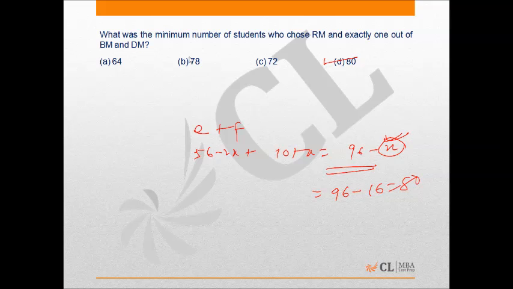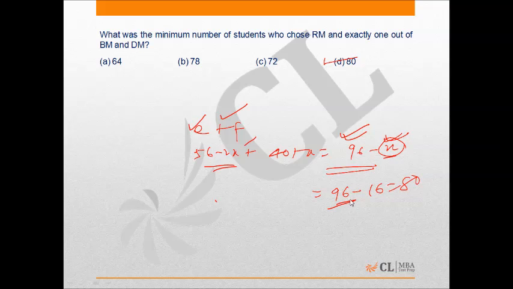In the next question, we have to find what is the minimum number of students who choose RM, and exactly one out of BM and DM. It will be D plus F. Here D is 24 plus X, or E is 40 plus X, and F is 56 minus twice of X. So this quantity will be 80 minus X. As we have to minimize this quantity, it will be minimum only when X is maximum possible, which can be 16.